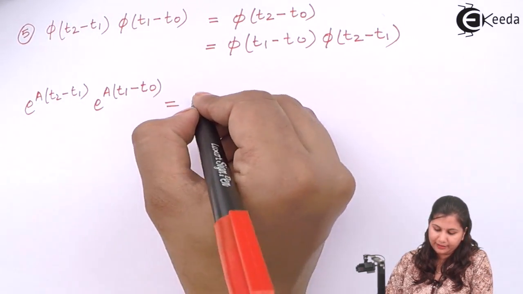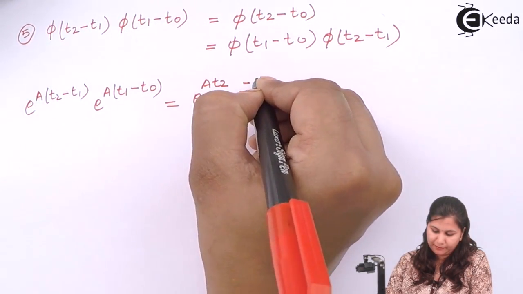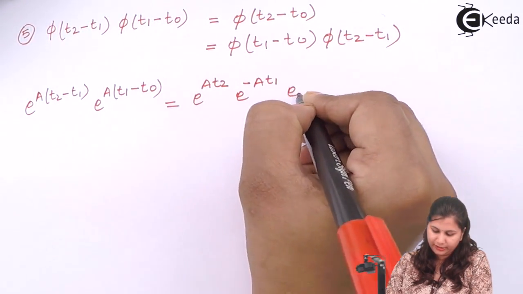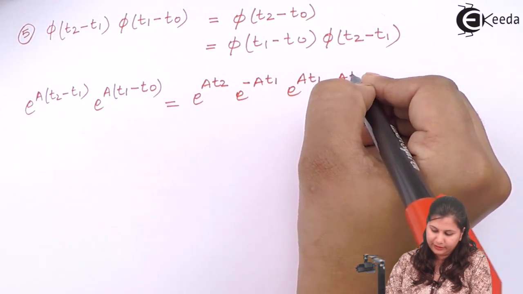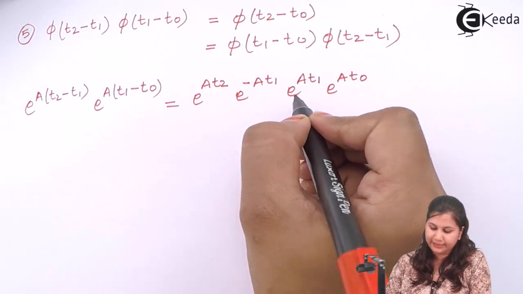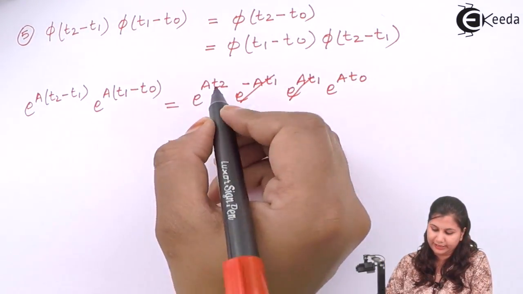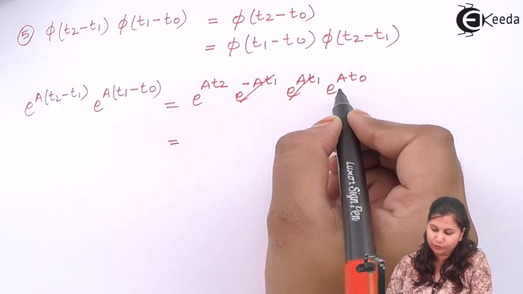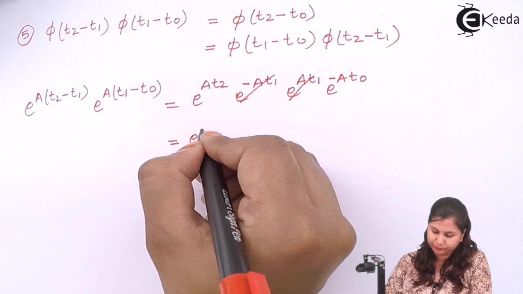If we expand this, we will have e raised to the power At2, e raised to the power minus At1, e raised to the power At1, and e raised to the power minus At0. So e raised to the power minus At1 and e raised to the power At1 will cancel out, and we are getting e raised to the power At2 and e raised to the power minus At0.